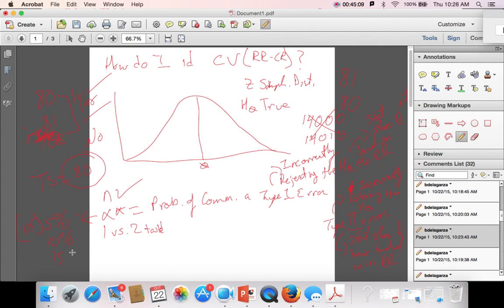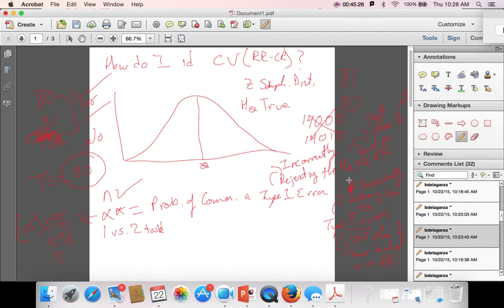So you'll notice that as the alpha level value goes up, the probability of committing a type 1 error goes up, and that's bad for me.